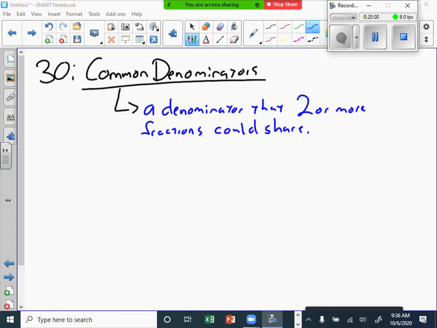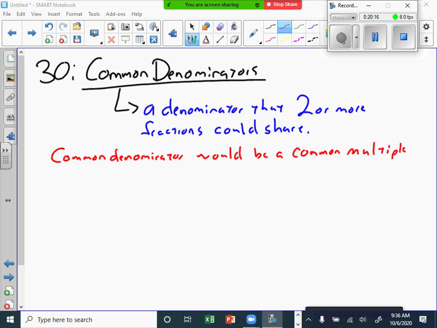So a common denominator would be a common multiple. The common denominator is basically the common multiple of two different numbers.